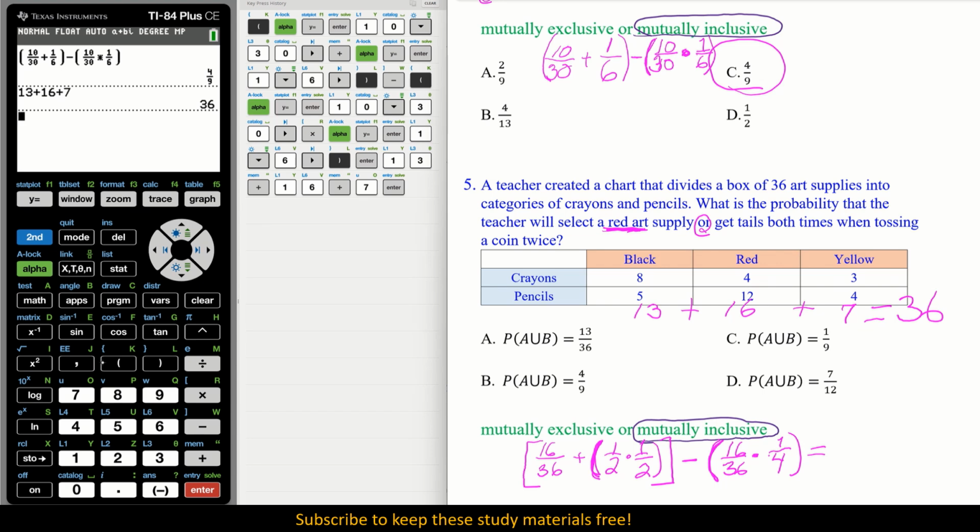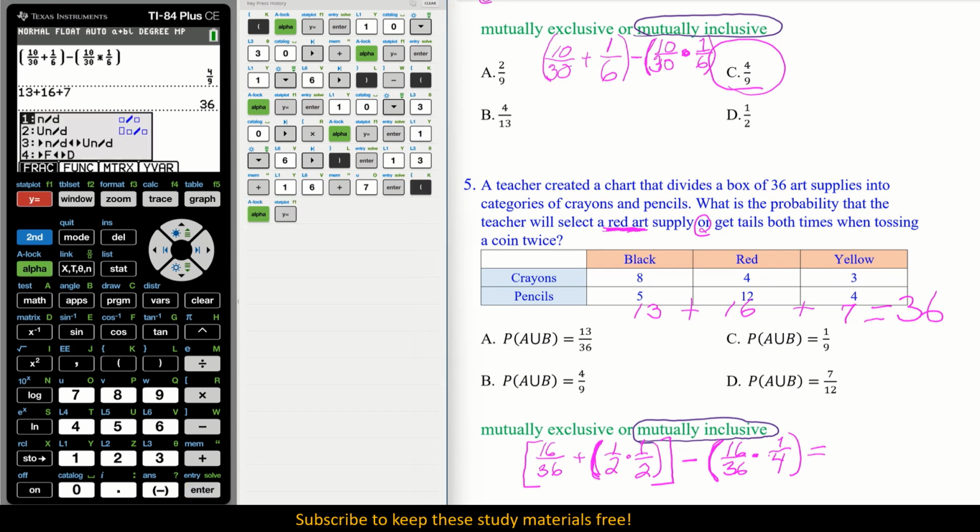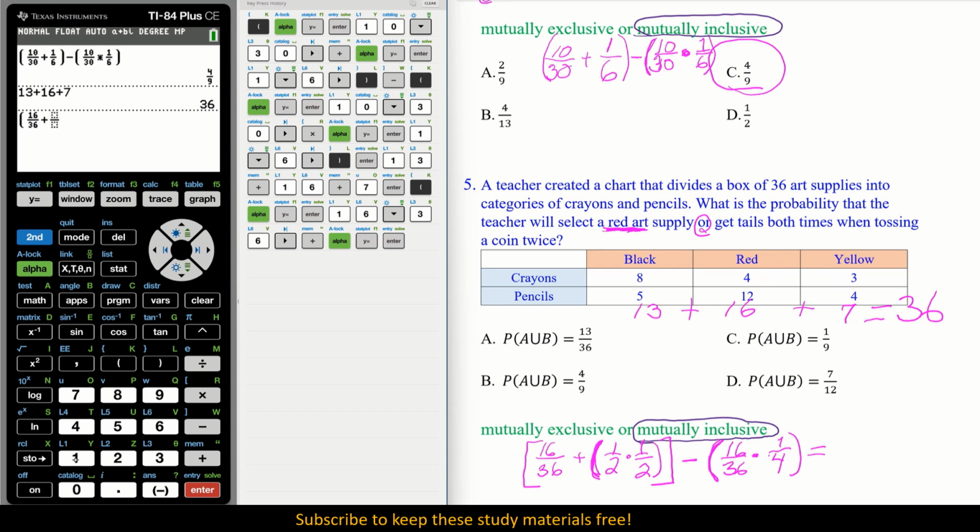Okay, all right, so let's do this. Let's see, parentheses. Okay, alpha y equals, enter, 16 over 36, arrow over, plus alpha y equals, enter, and that'll be 1 over the 4. Now I'm going to go all the way over, close my parentheses, subtraction, open parentheses, alpha y equals 16 over, oops, that's not a 16.